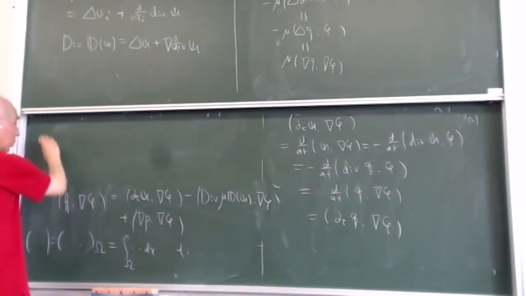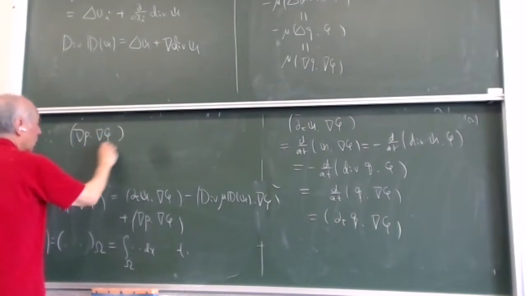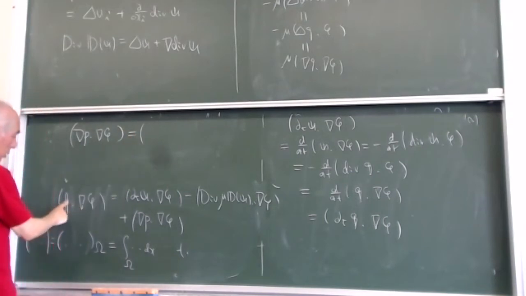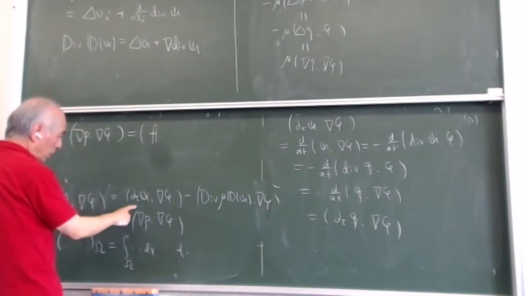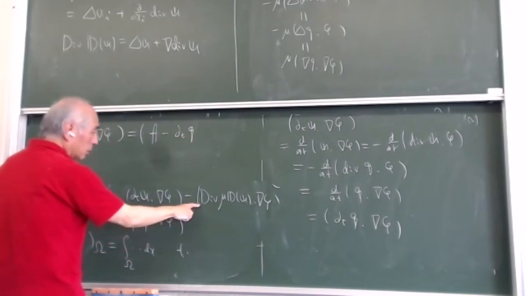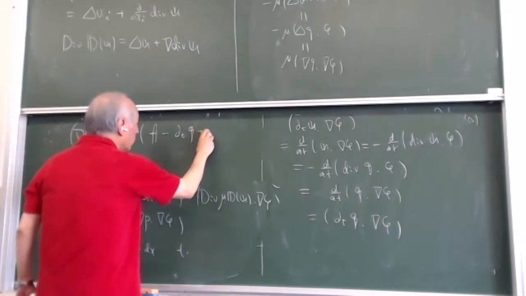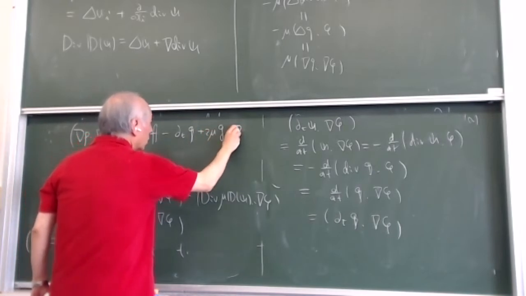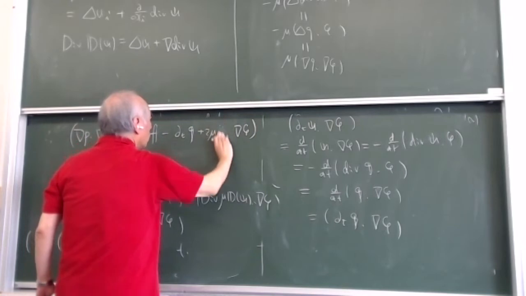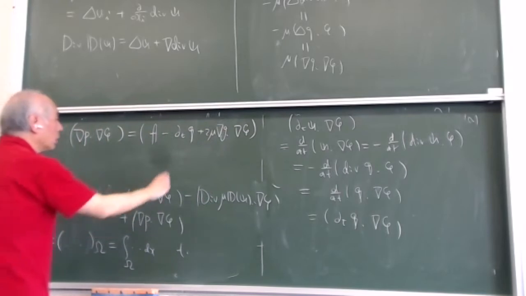So therefore, you have number p, number phi to dBf as minus dpg from number p plus g. Sorry, 2 mu grad g for a.